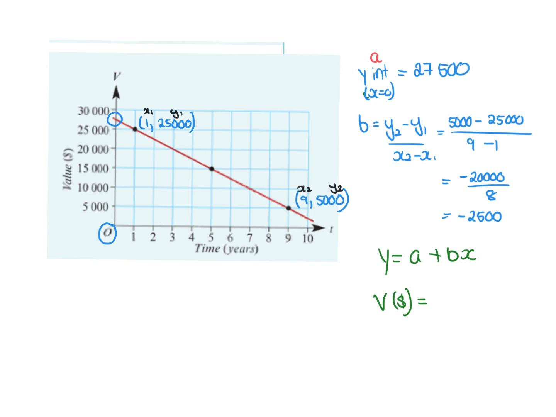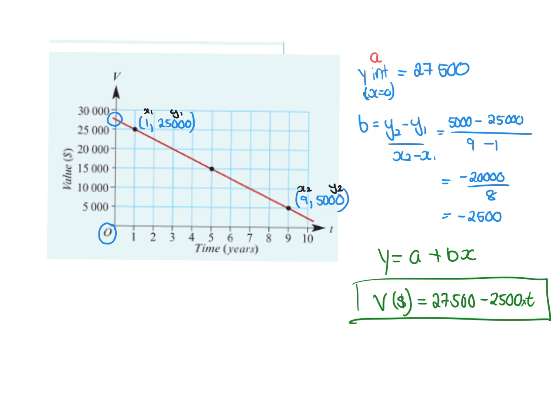So I'm going to put the value in dollars equals my y-intercept, which was 27,500, plus my b, which is actually a negative, so we can just say minus 2,500, and it's not x in this case, it's t, or time. It doesn't matter, so times t. Okay, and there's the equation.